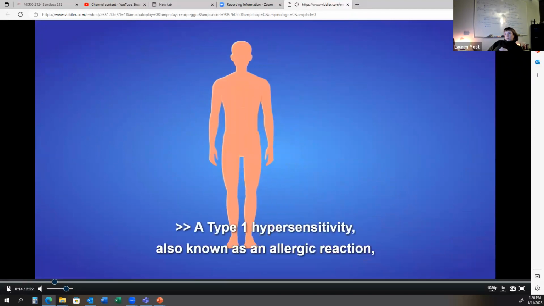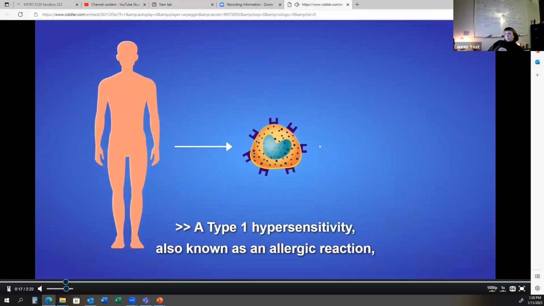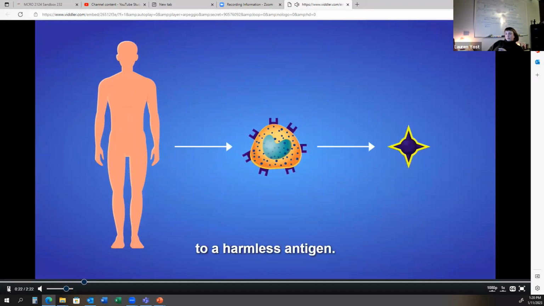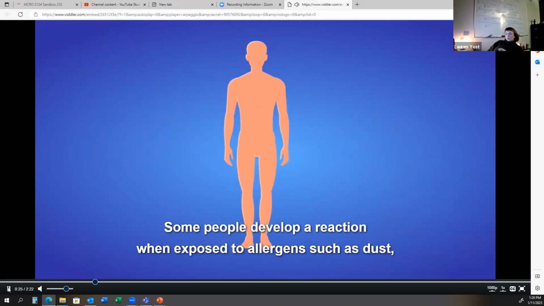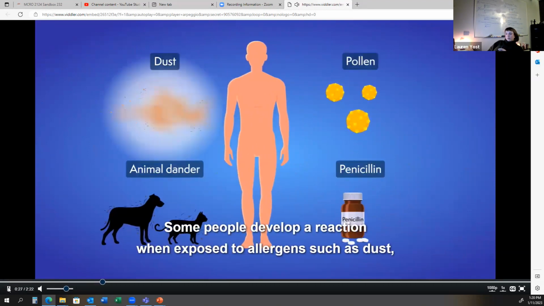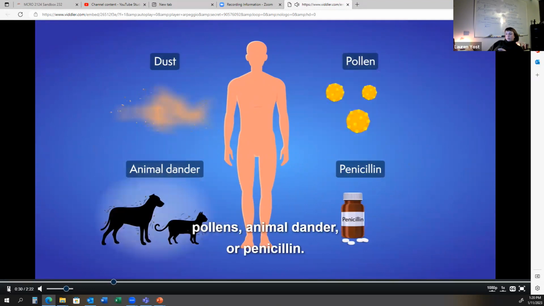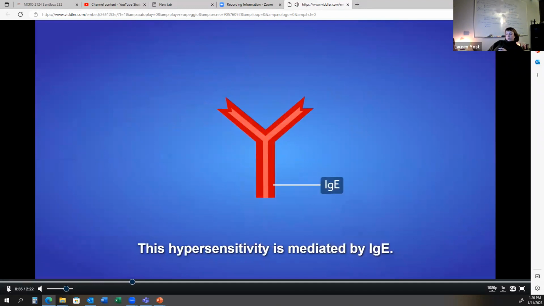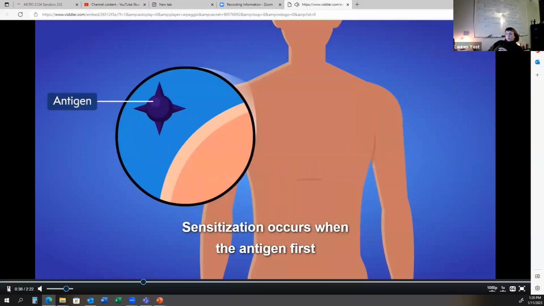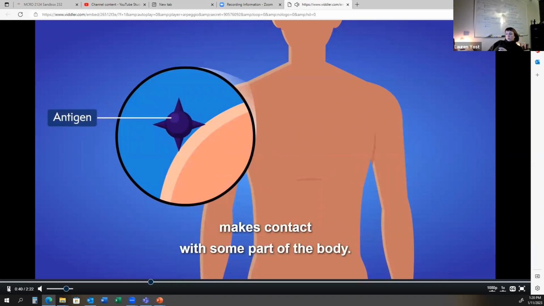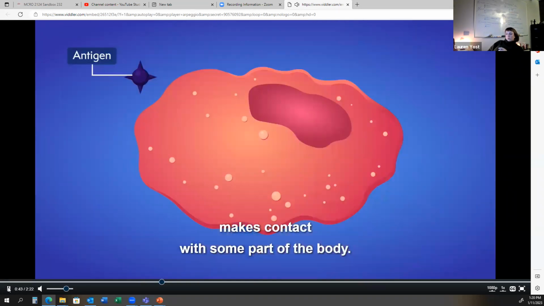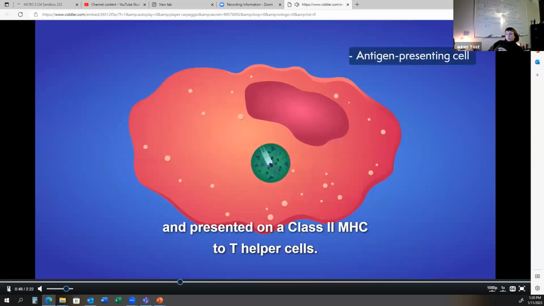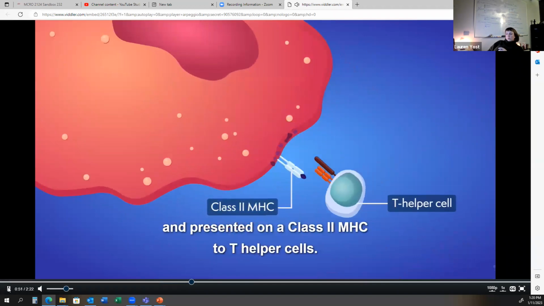A type 1 hypersensitivity, also known as an allergic reaction, is an immediate and exaggerated immune response to a harmless antigen. Some people develop a reaction when exposed to allergens such as dust, pollens, animal dander, or penicillin. This hypersensitivity is mediated by IgE. Sensitization occurs when the antigen first makes contact with some part of the body. The antigen is taken up, processed by antigen-presenting cells, and presented on a class 2 MHC to T helper cells.